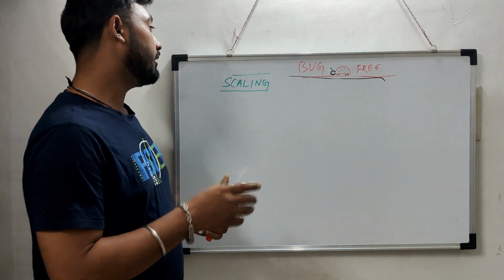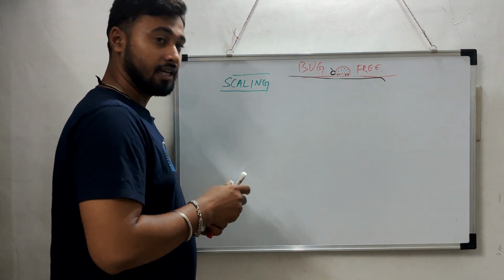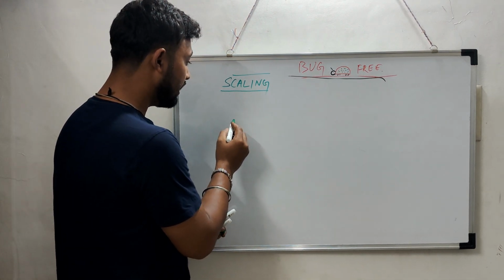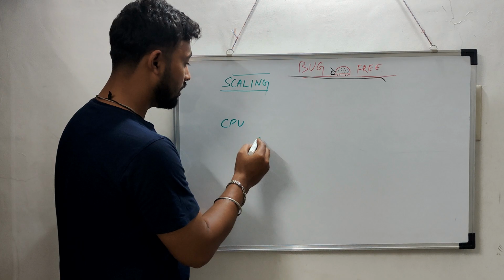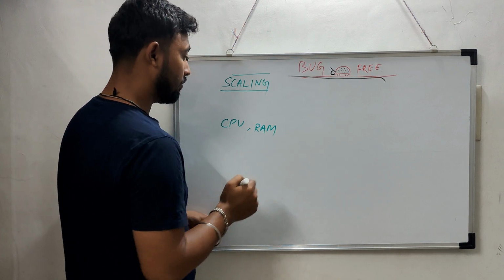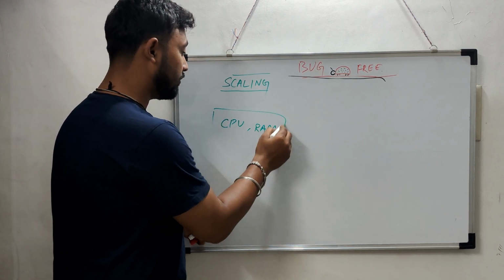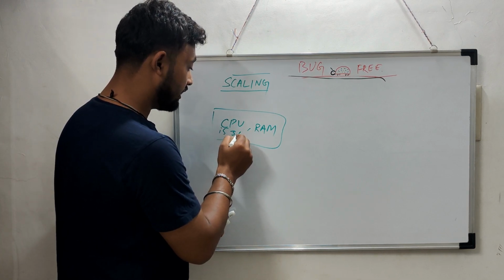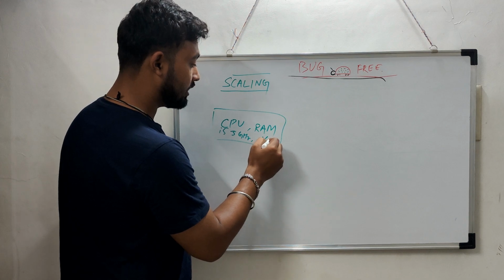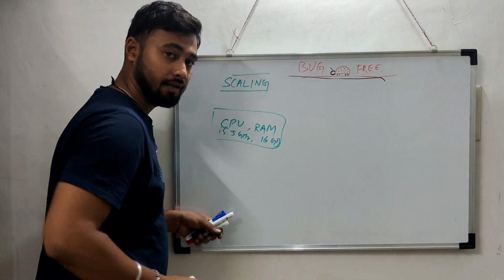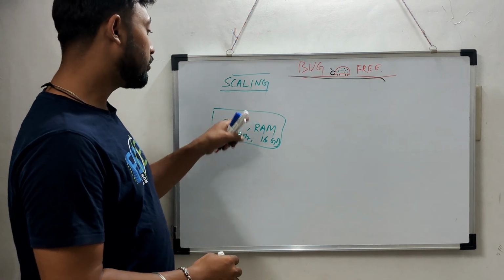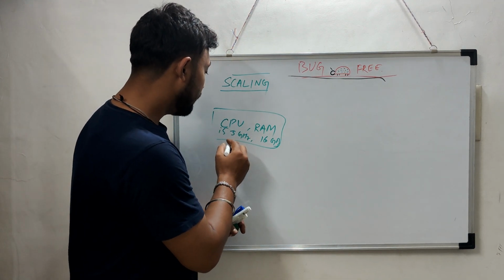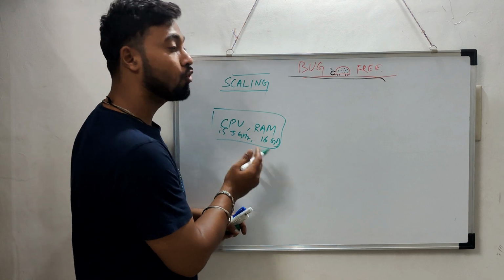So how can we incorporate this in our studies or understanding? Let's say we have a system with a CPU and RAM, say an i5 3 gigahertz CPU and 16 GB RAM. In order to increase the power of this system, we can add extra cores.